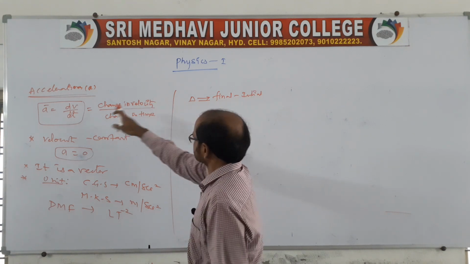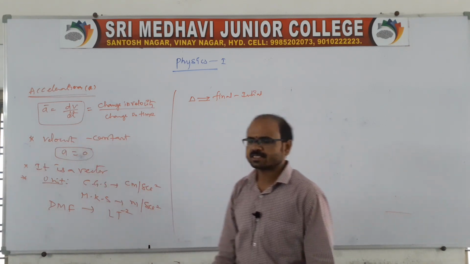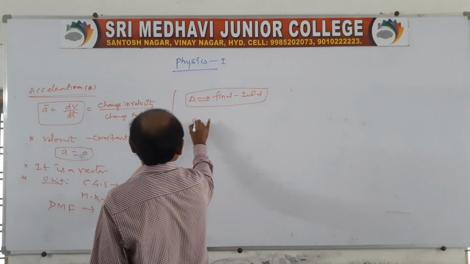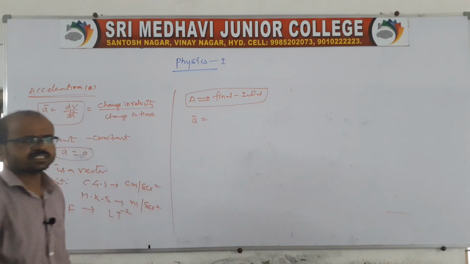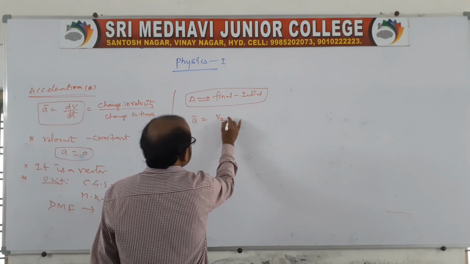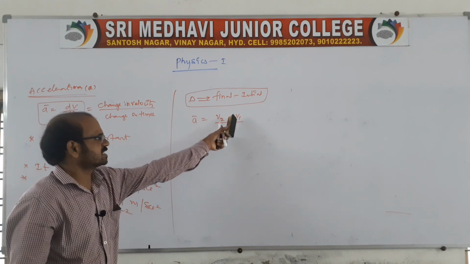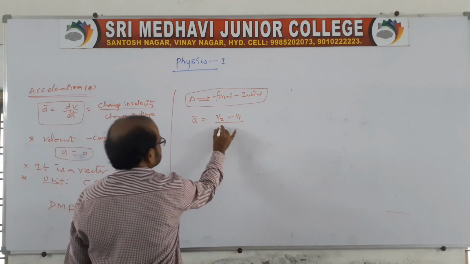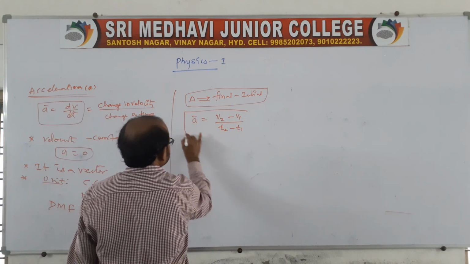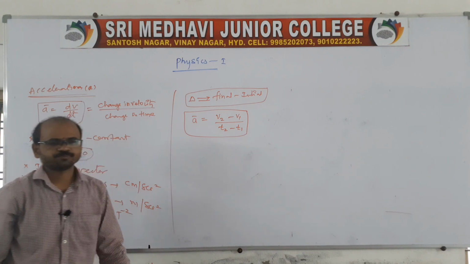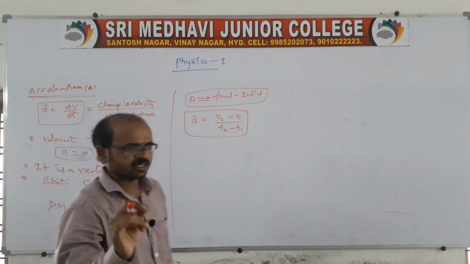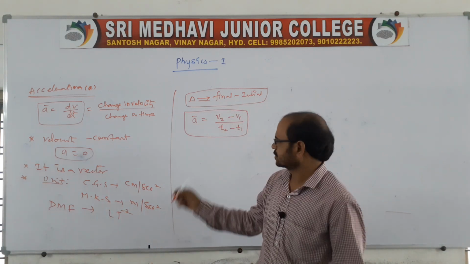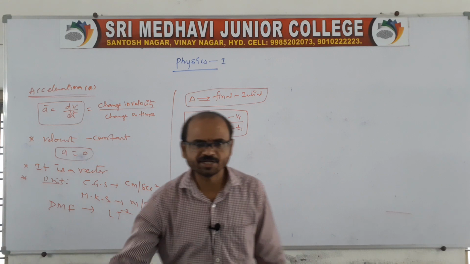So A is equal to the change in velocity, that is V2 minus V1, where V1 is the initial velocity and V2 is the final velocity, divided by the change in time, t2 minus t1. Yes, that is acceleration. Everyone remember, acceleration is only the change in velocity with respect to time.